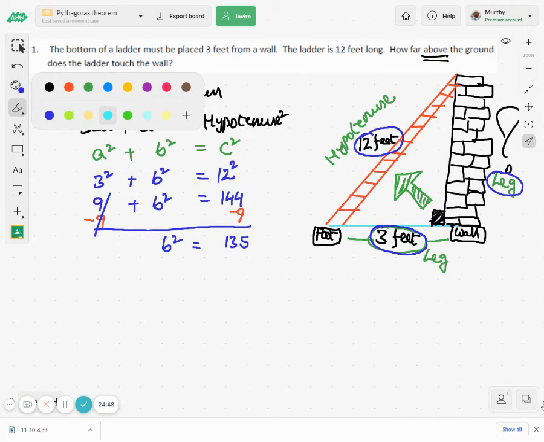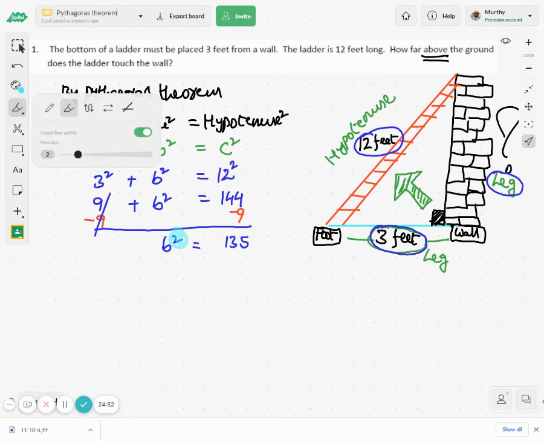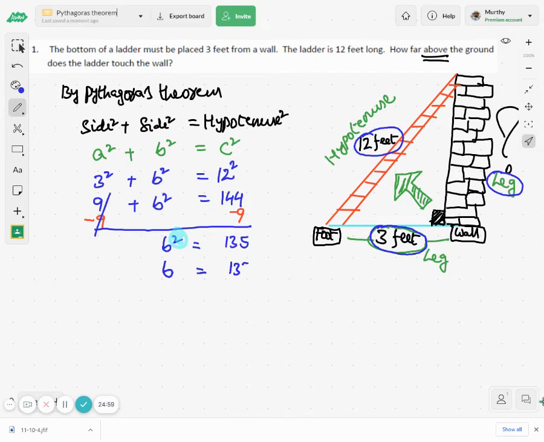Don't forget, the inverse operation of square is square root. Therefore, we take the square root of 135. At this point, use your calculator. Square root of 135 gives me 11.619. So I'm taking 11.6.